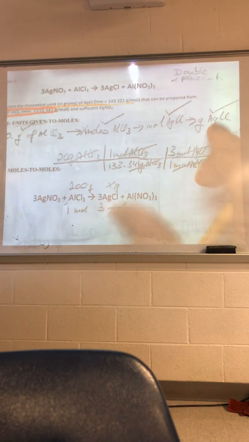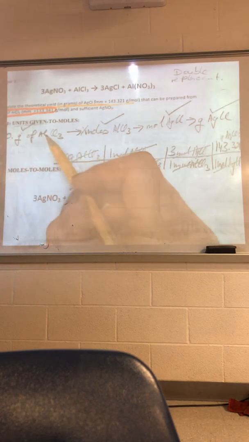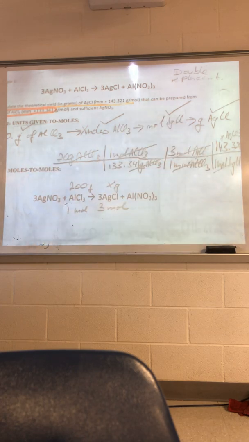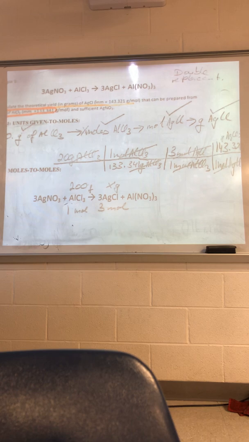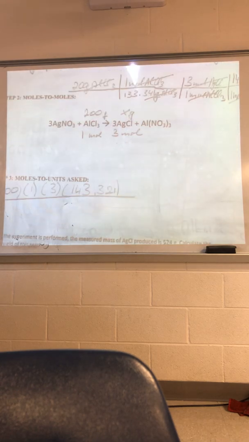Okay, so let's write down real quick. Remember, that's our step 3. How do I write this down? Well, it's 200 times 1 times 3 times 143.321, divided by 133.341 times 1 times 1.